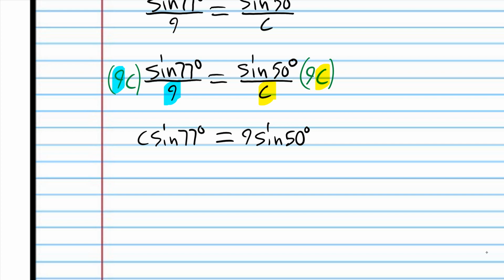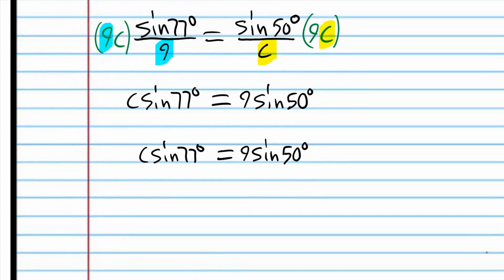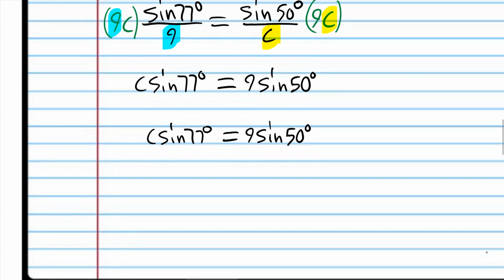So in each one of these methods, you can see that we get the same result. It's just a different way of thinking about how to do the problem. So now we're going to divide both sides by sine 77 degrees.